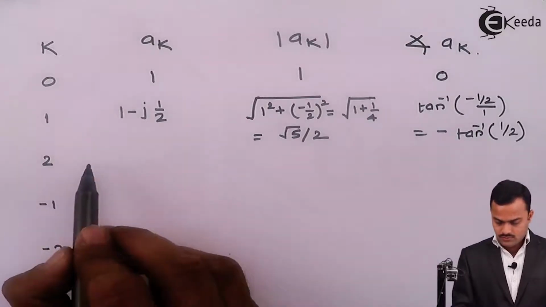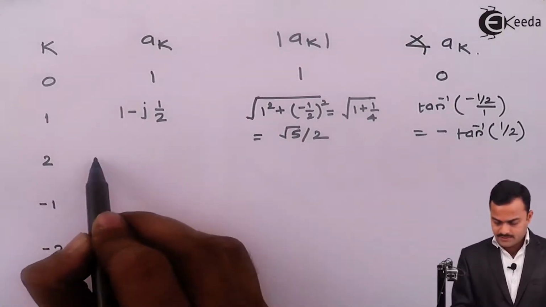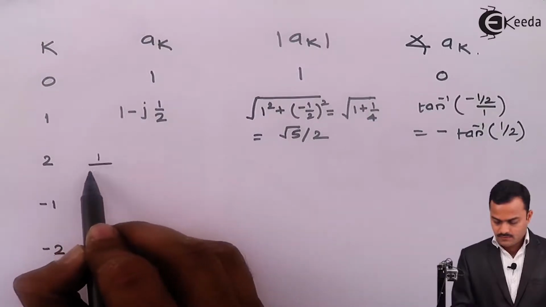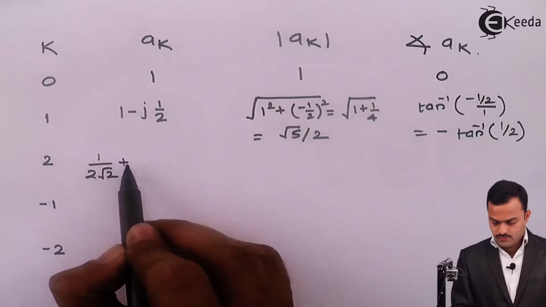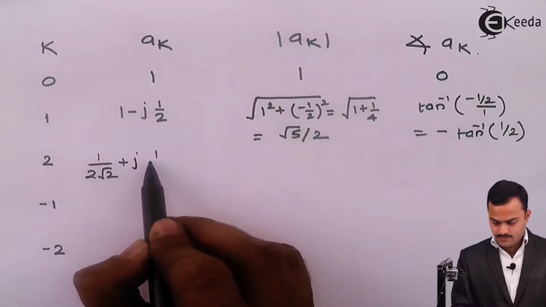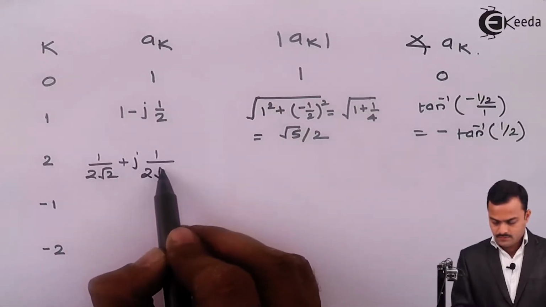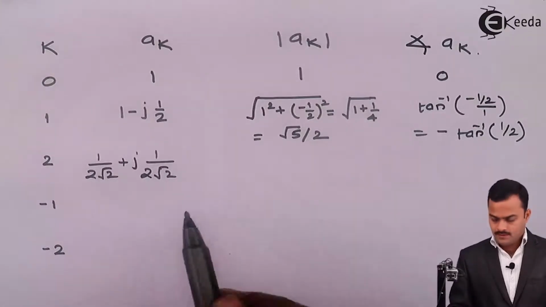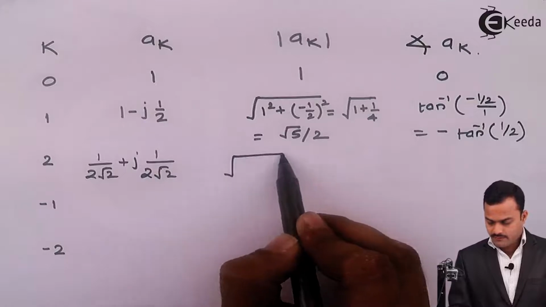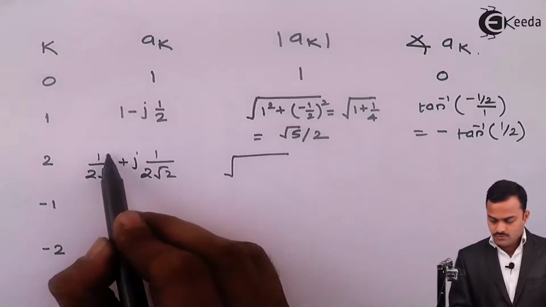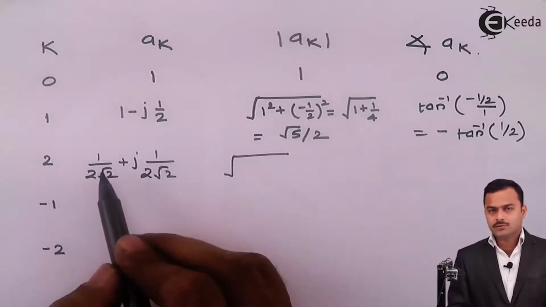So the AK we obtained as 1 by 2 root 2 plus j 1 by 2 root 2. So once again a complex theory, mod AK will be root of, so square of this, so let's do it directly.